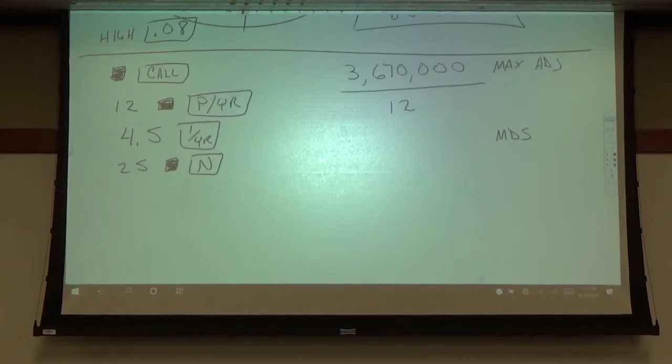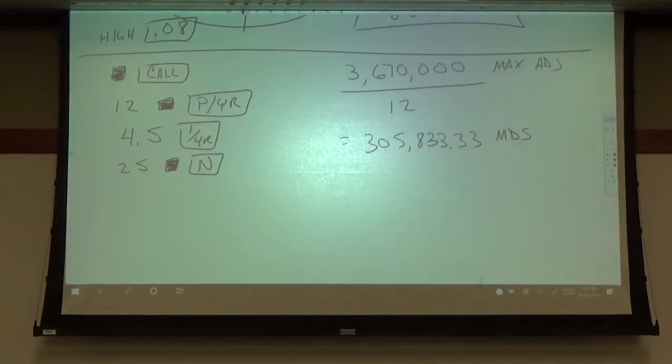Okay? So 367,000 divided by 12. Should we clear what we have in the calculator? No, it'll be fine. Trust me. And that gives us a monthly debt service of 305,833.33.